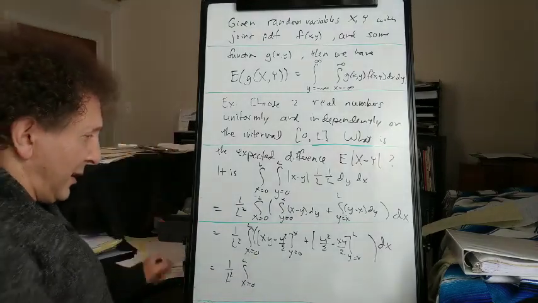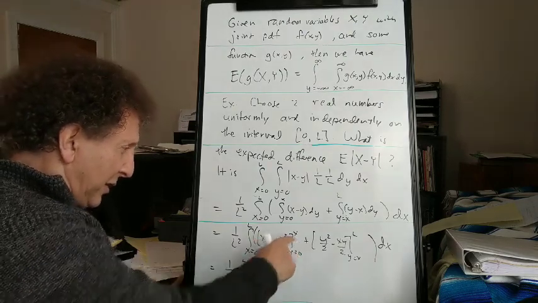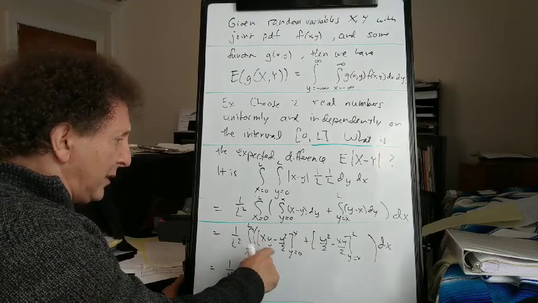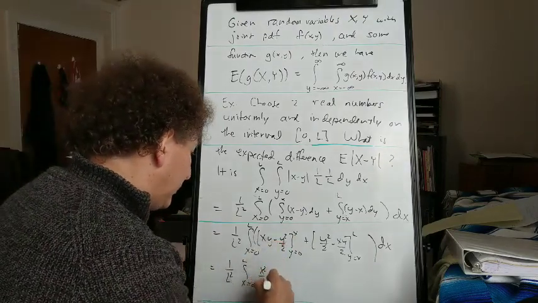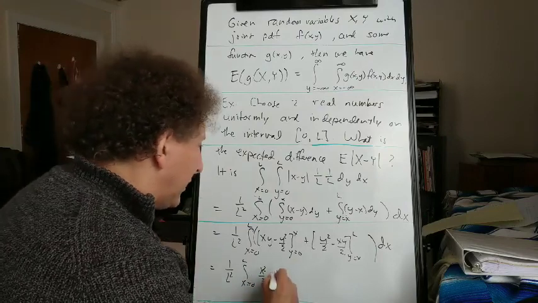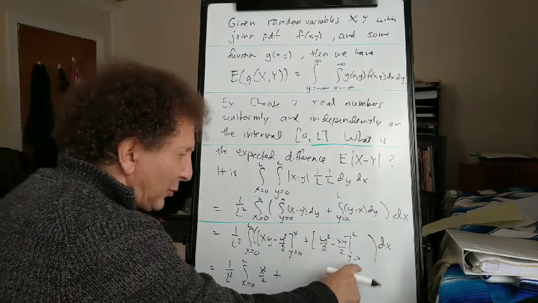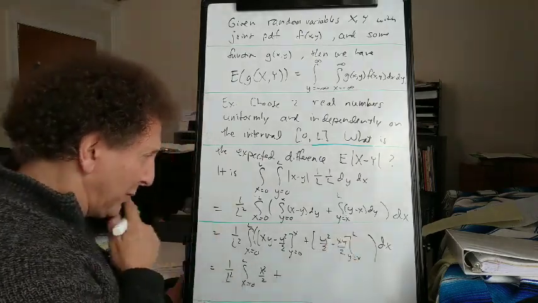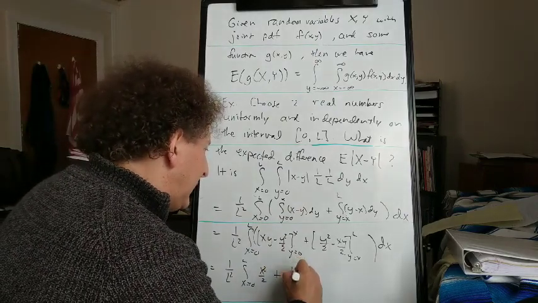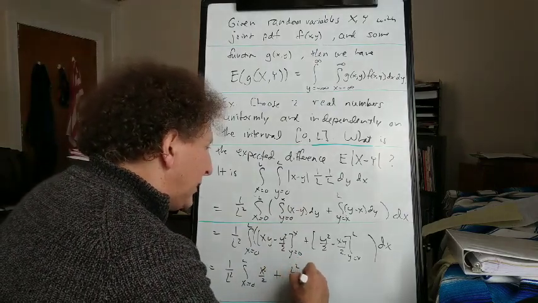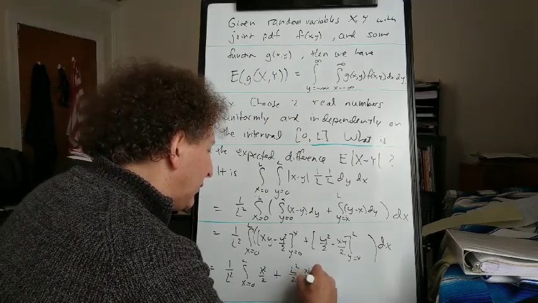And then what do we have on the inside? When we plug in y equals 0, this is nothing. So we just need to plug in y equals x. X squared minus x squared over 2. So I guess that's x squared over 2. Plus, we get something when we plug in y equals L. So we have to do both of those. Plug in y equals L first. We have L squared over 2 minus xL over 2.